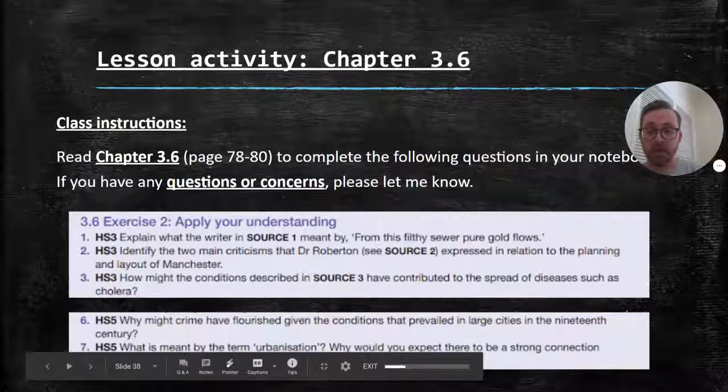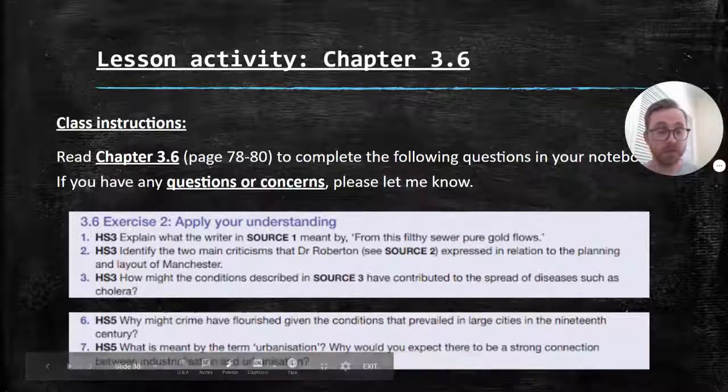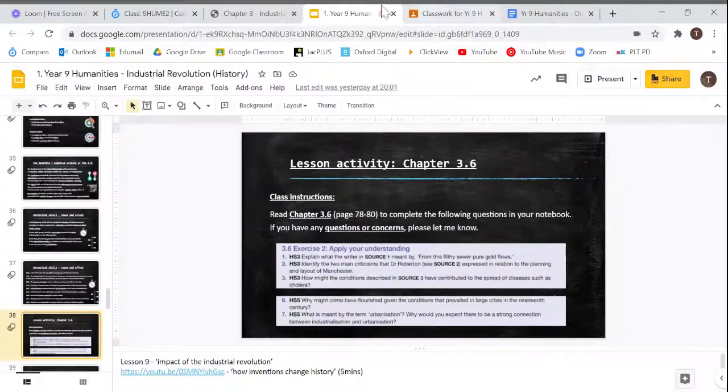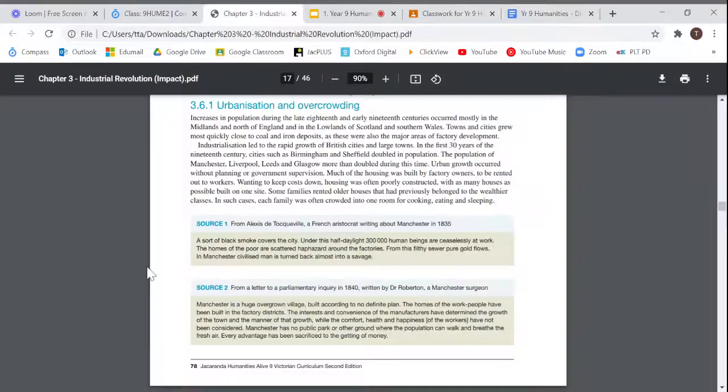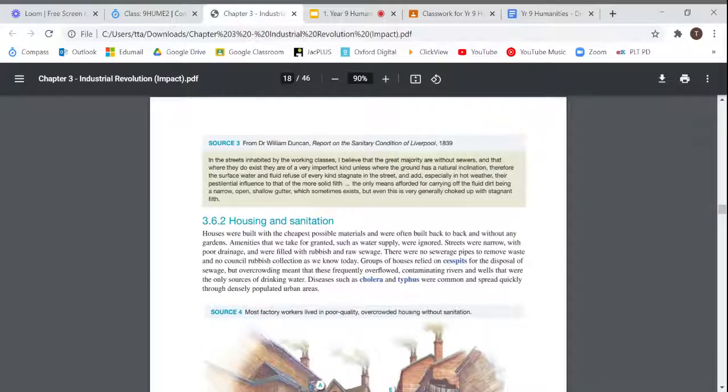Question 3. How might the conditions described in source 3 have contributed to the spread of disease, such as cholera? So again, if we go back to source 3, right there. So it's Dr. William Duncan. So he's a doctor. He's reporting on the disease, this pandemic that's happening, and he's explaining how overpopulation and overcrowding may have contributed to the disease spreading.